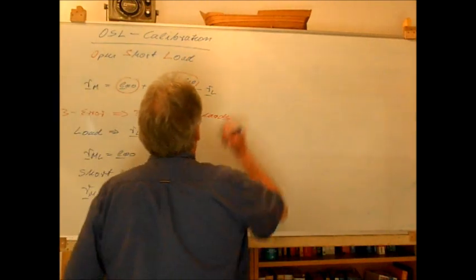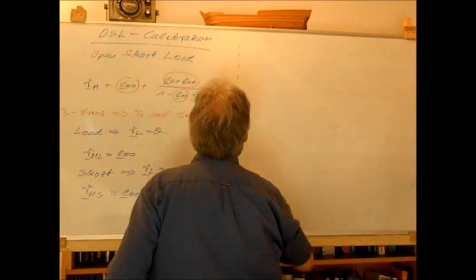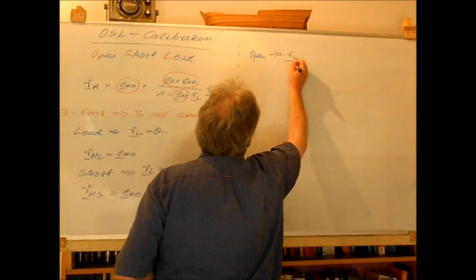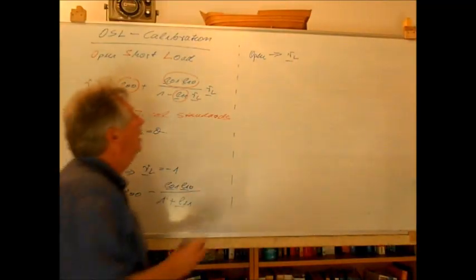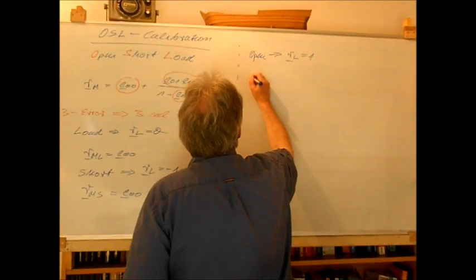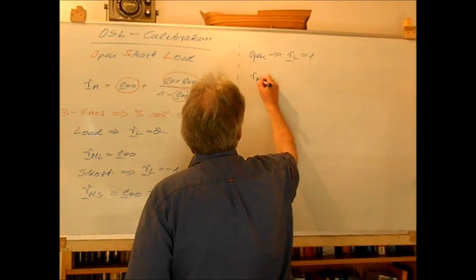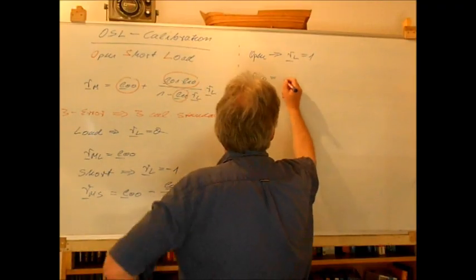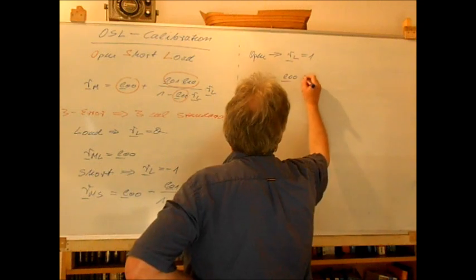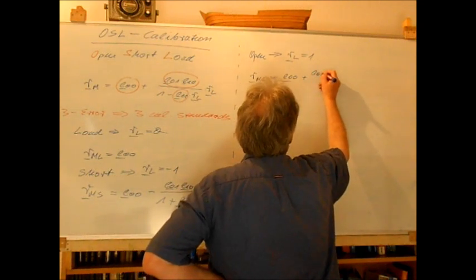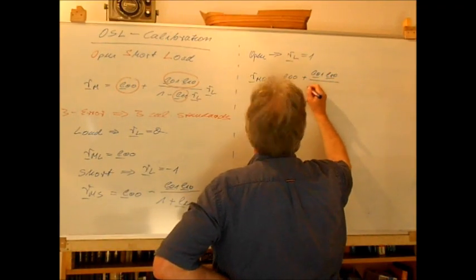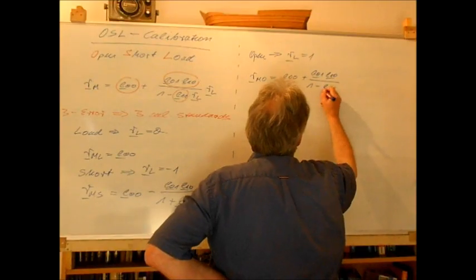and we can, as a next step, do the open measurement. This means our load will be the ideal open. This means it will be 1, and we will have that RMO will be E00 plus E10 times E01 divided by 1 minus E11.